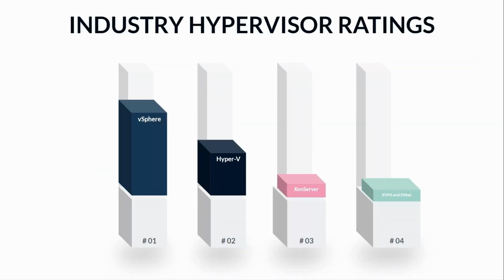From an industry standard point of view, VMware's vSphere and the ESXi are in fact the leader in the industry for hypervisors. And they're followed by, you would expect, Microsoft Hyper-V, and then there are a few other flavors like Xen Server, etc. And finally, at the bottom level, number 4 in that usage, is KVM or QEMU, which is the hypervisor used by the OpenStack framework to do its virtualization.